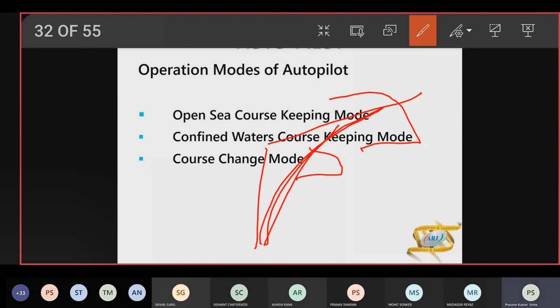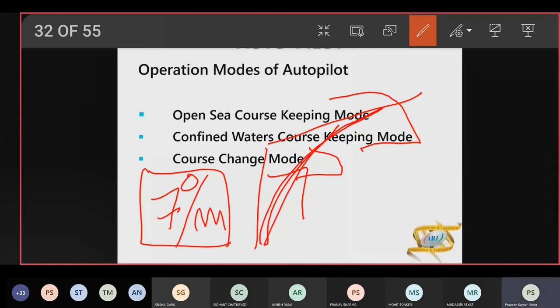The path taken by the ship will be along an arc of a circle. For the new boys, it will be discussed later on, but just talking about this, we can turn this vessel by two methods, either keeping the rate of turn constant or by keeping the radius constant. So what we do in autopilot, we just provide what is the ROT that is required.